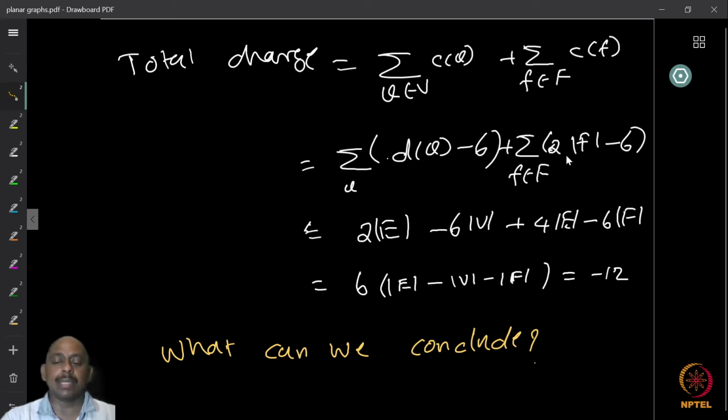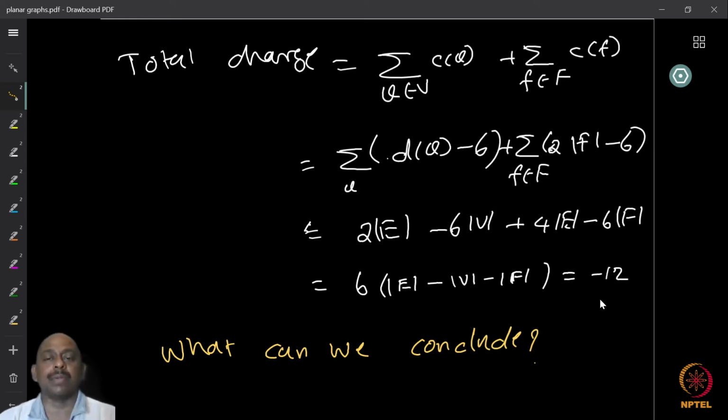But now we have two times the length of f, so it is at most 4e, and then minus 6 for every face, so minus 6 times the cardinality of F. So I will get 6 into E minus V minus F. But by Euler's identity for a planar graph, the number of vertices minus edges plus faces is 2, so this gives 6 into minus 2, which is minus 12. So the total charge is at most minus 12.